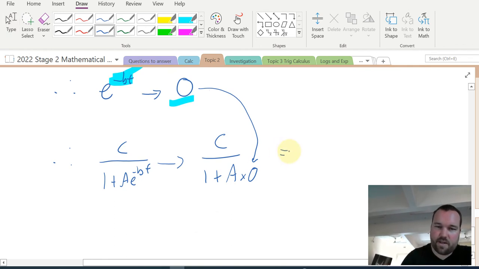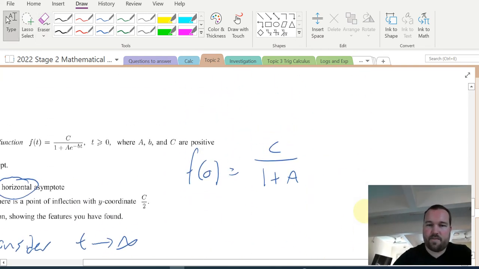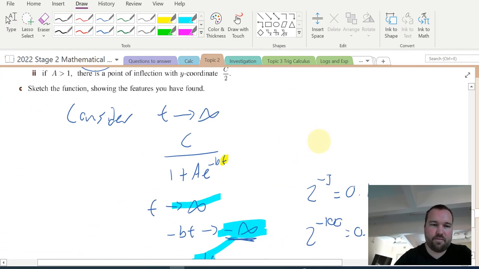A times 0 is nothing, so this is really getting close to c over 1, which is the level of that graph.